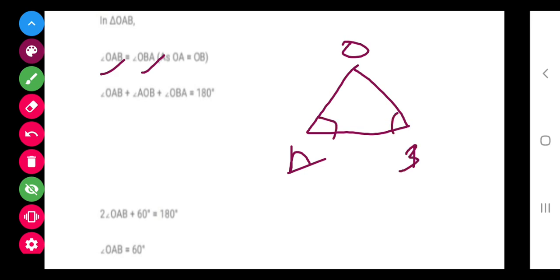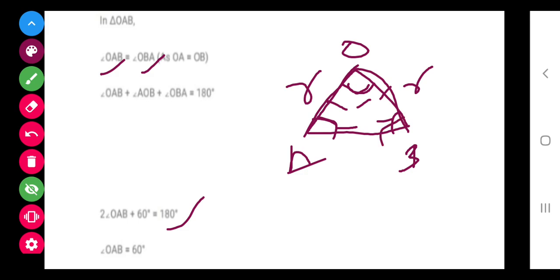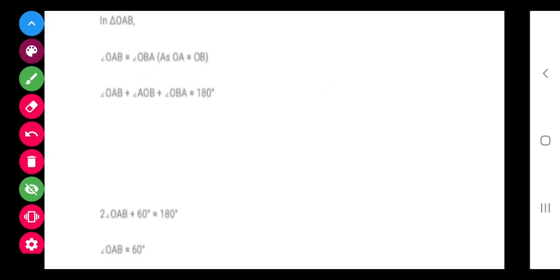This angle equals this angle, because this is forming an isosceles triangle as it is R and R, and this angle is given as 60 degree. So overall you can say that x plus x plus 60 is equal to 180. Overall all these angles are 60 degrees, so it is forming an equilateral triangle. I hope you are understanding, class.